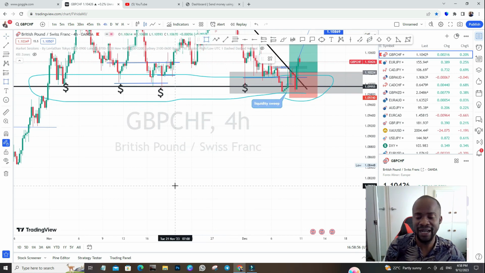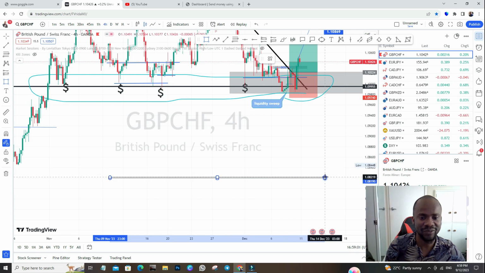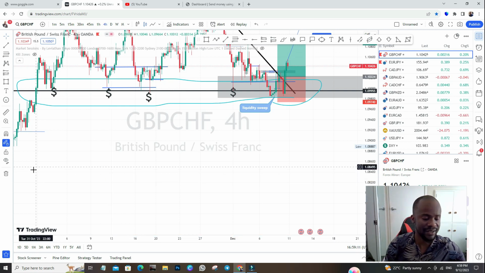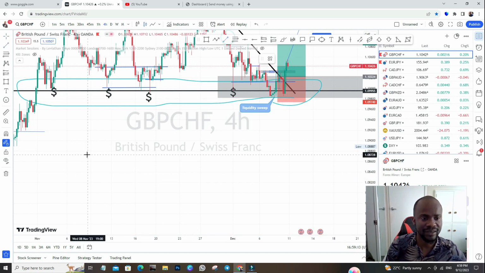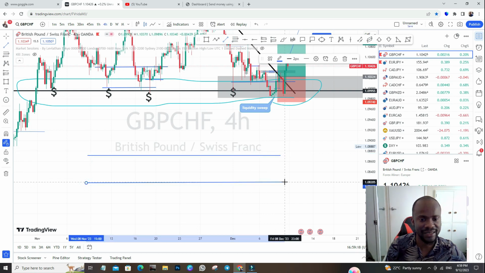So basically this is just the model. I'm using the ICT model to identify trading opportunities. For example, let's assume this is a level and price. First of all, what I do is identify a range.